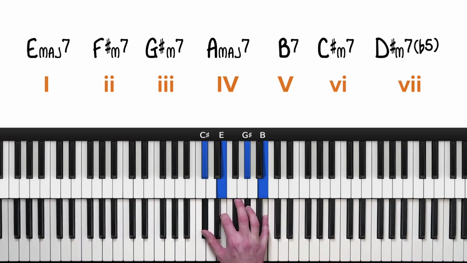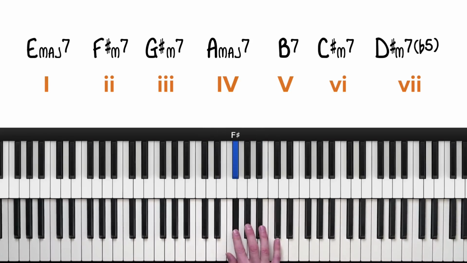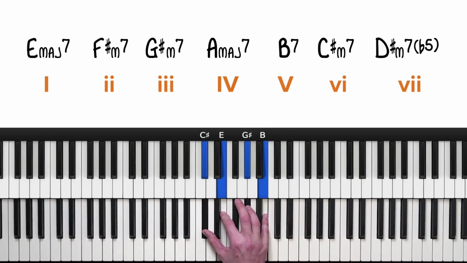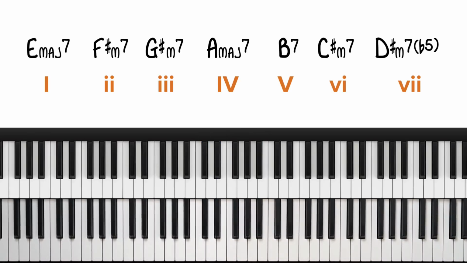And if we analyse this even further, we can see that all the notes of C sharp minor 7 are present within the E major scale. And the same would be true for any of those chords.